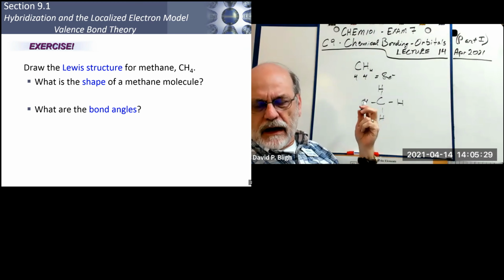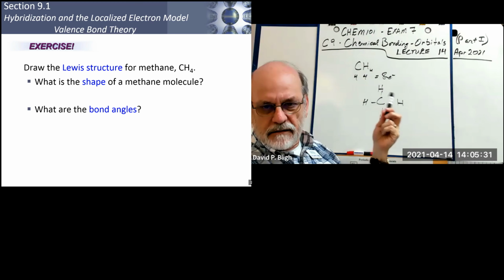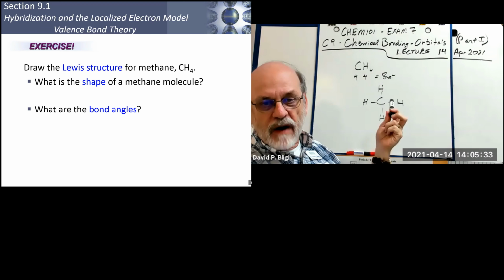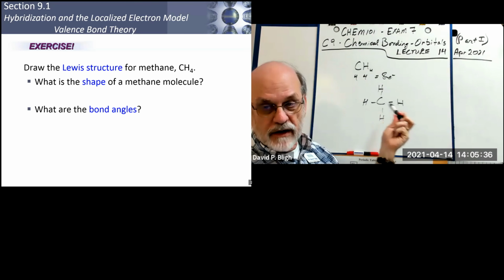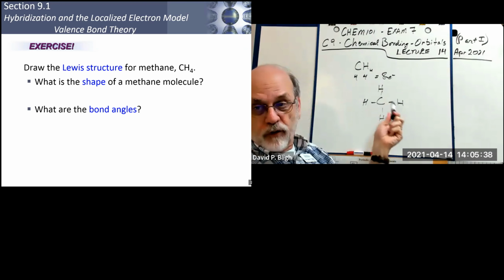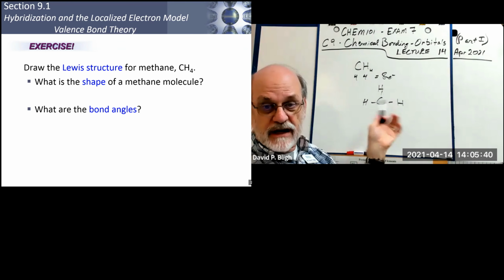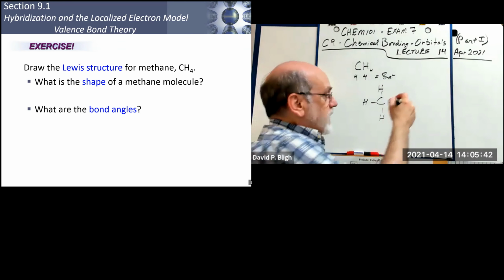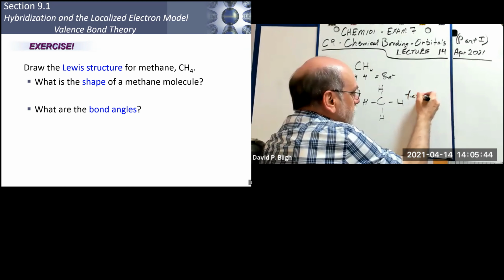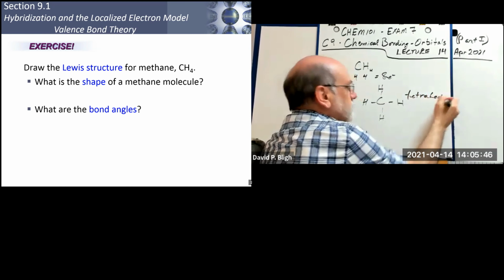Okay, what does the VSEPR model say about the shape of this molecule? If it's got 4 groups around the central atom, it should be tetrahedral, correct? Tetrahedron.